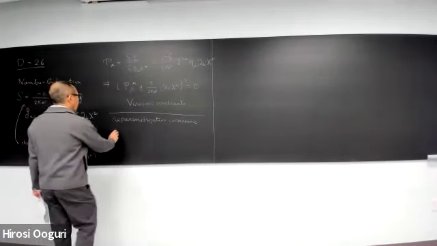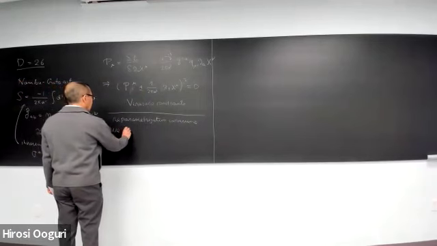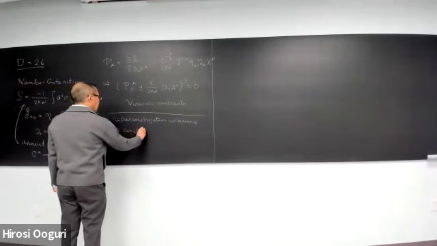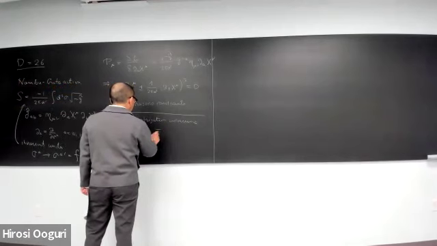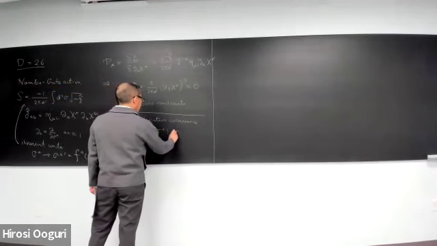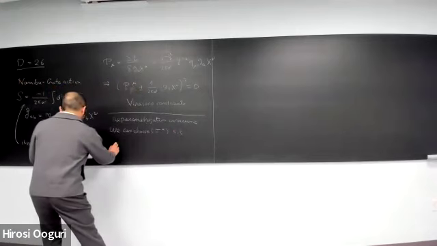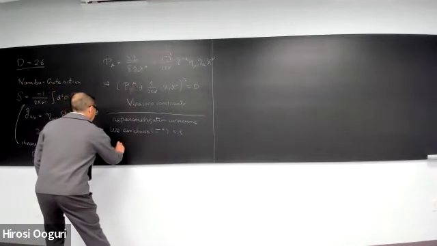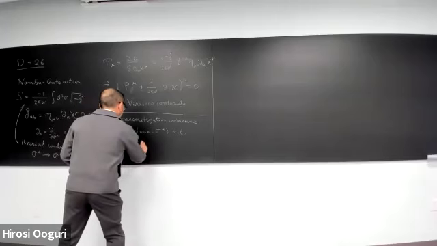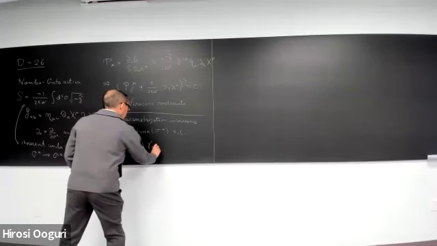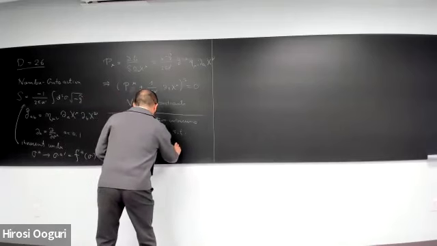But using that, we can choose coordinates sigma such that the metric is diagonalized, where this is a diagonal metric.